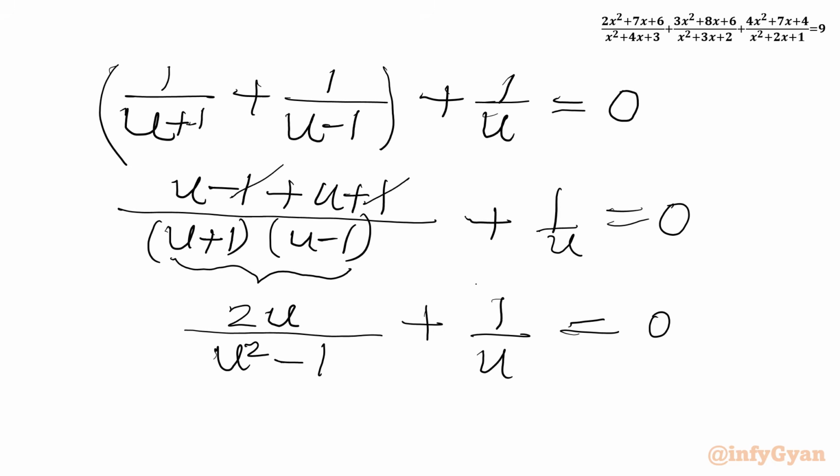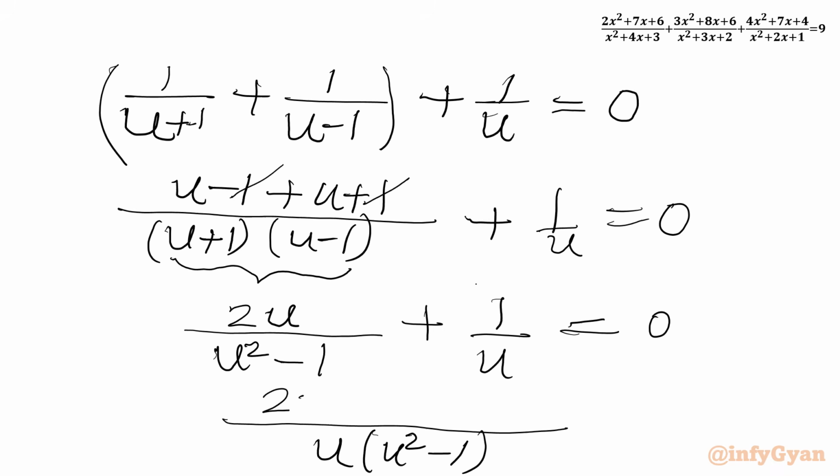Now we will take LCM once again. So we need to multiply both the denominators in the denominator, and in the numerator we will write 2u times u, 2u square, plus 1 times u square minus 1, u square minus 1, equal to 0. So 2u square plus u square will be 3u square.